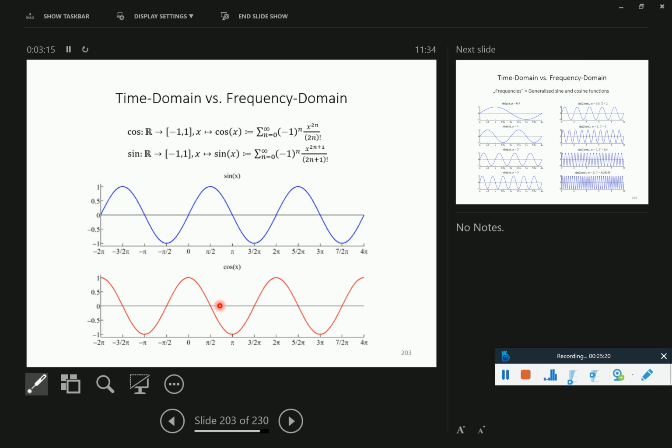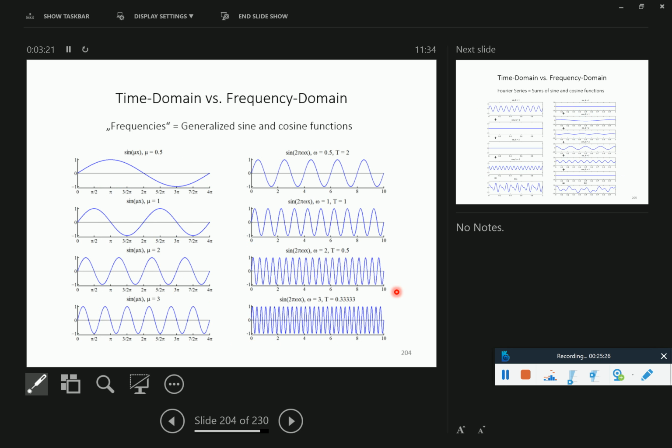So when you talk about these frequencies in terms of Fourier analysis, what you actually have in mind are these generalized sine and cosine functions, which obtain frequency parameters. So you put in another multiple into the sine function or the cosine function, which you then can do in 2 ways.